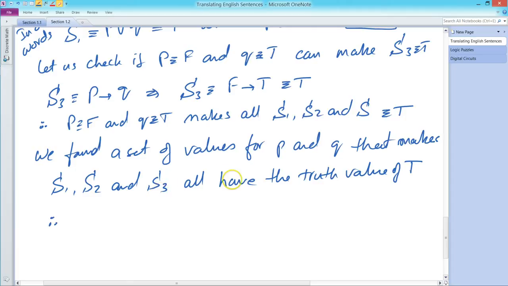Therefore, we can safely say that S1, S2, and S3 are consistent.